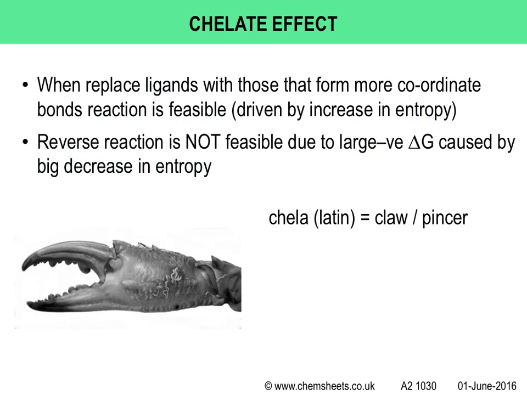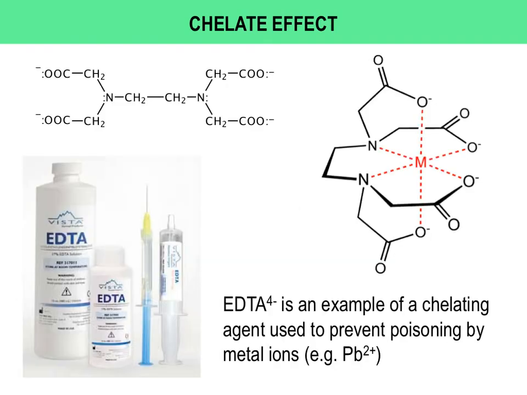Again, just a summary of that, so by all means pause the video to read through it if you wish, but it's essentially what I've just been saying. And it is the main factor behind certain treatment for iron poisoning. So sometimes lead poisoning, for example, something that the medical profession might administer is EDTA.